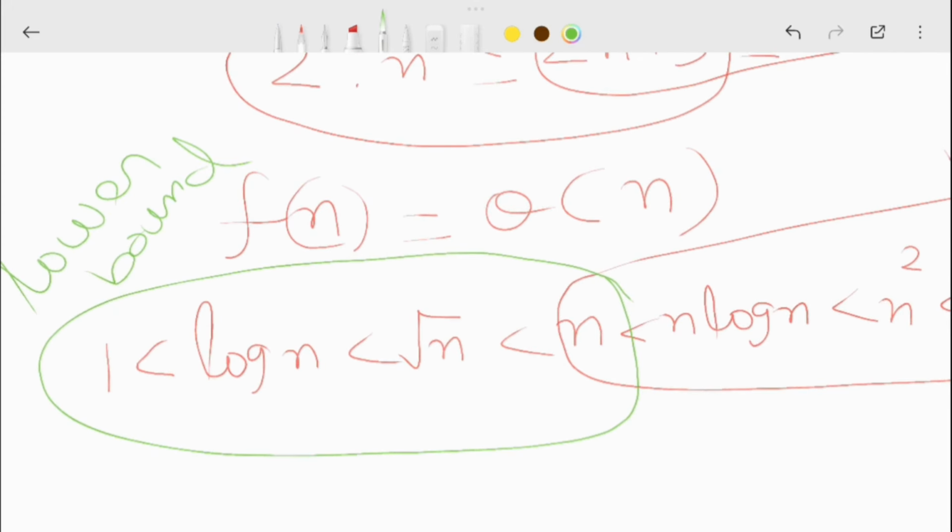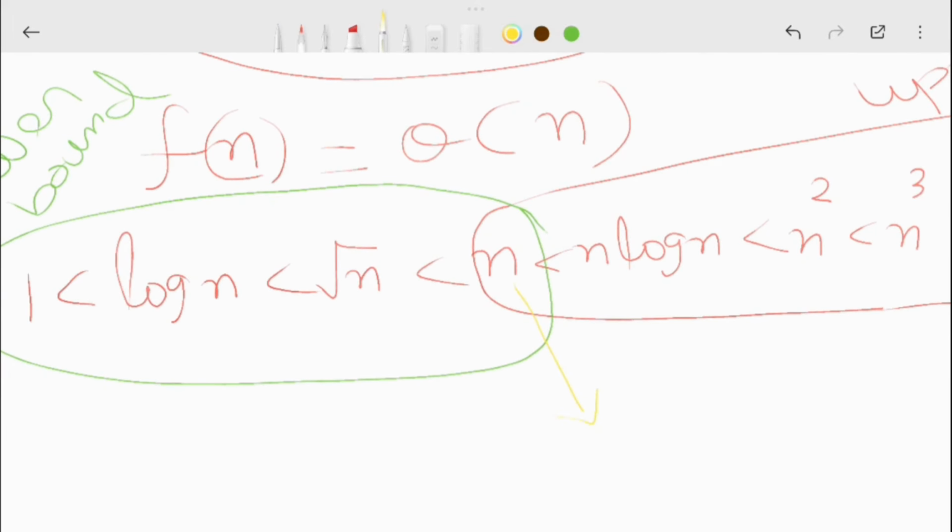We can say that the common class between this upper bound and lower bound is not exactly the same for all algorithms, but for your better understanding, this n is common to both the upper bound and lower bound.